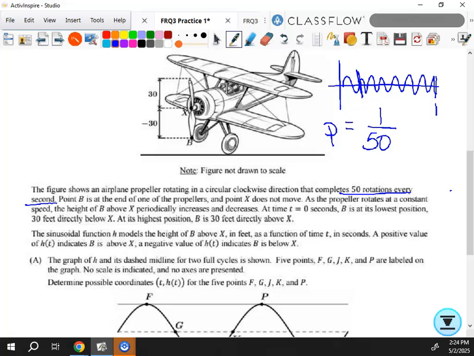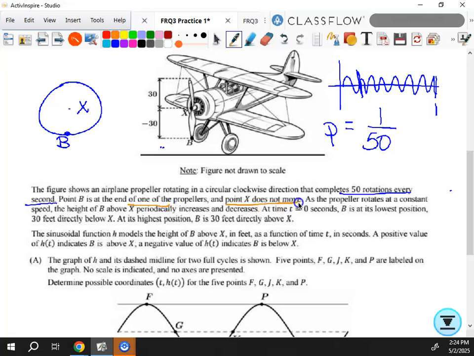It goes on to say point B is at the end of one of the propellers. Now remember, I'm pretty sure you can mark on this with the tools that are in there, but it's not a bad idea for us to draw out something for ourselves anyway. So let's do that. Point B is right here, at the end of one of the propellers.